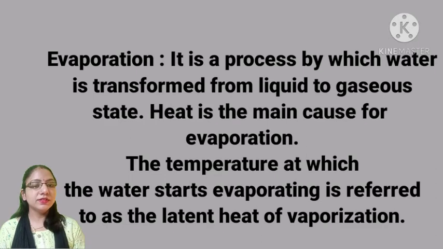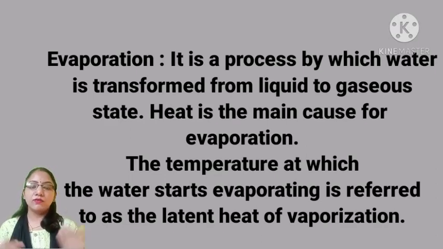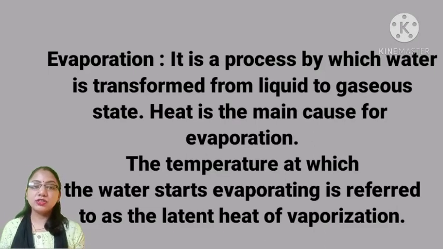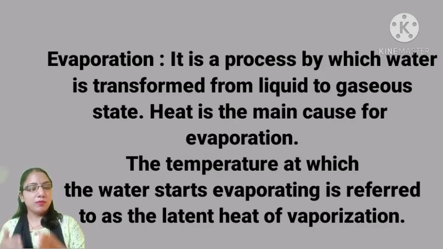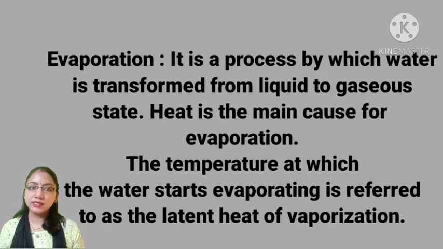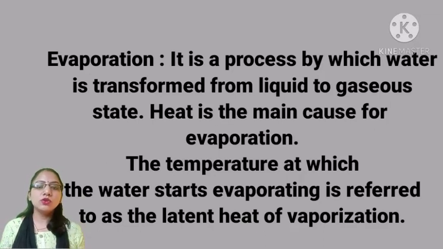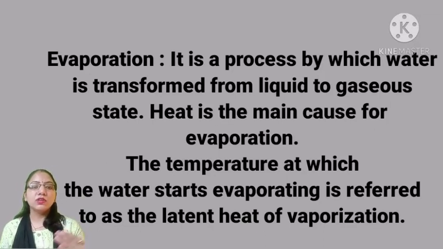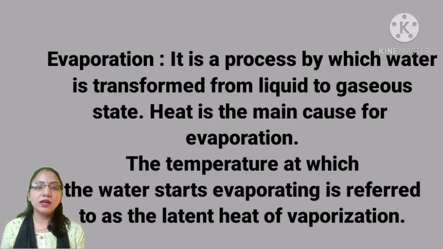In other words, it is a condition in which water changes its form from liquid to the gaseous state. To know more about the evaporation process, let's see a video clip.